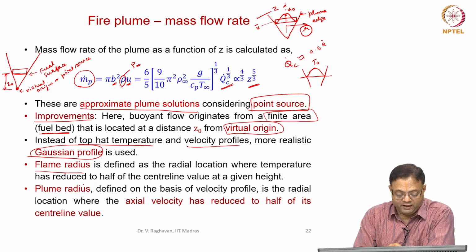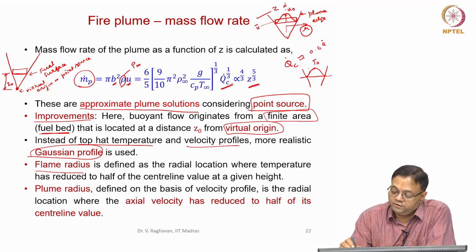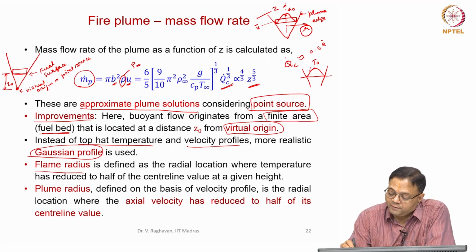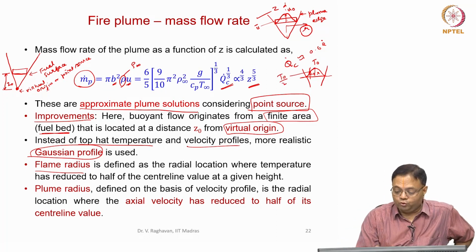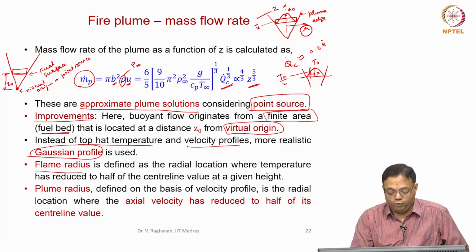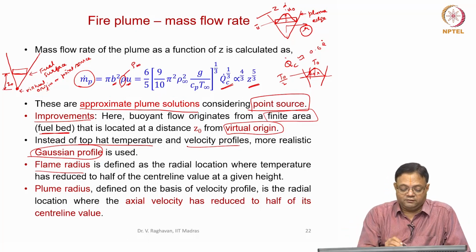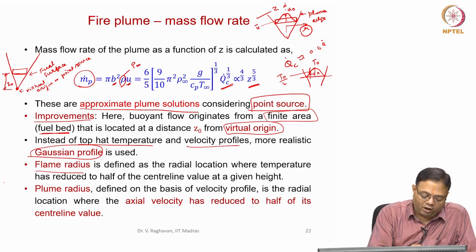So, the flame radius or the plume radius can be considered as some distance here, at which point the temperature will be T naught by 2. That is, the center line temperature has reduced to half of the value at a given radius. That is taken as the flame radius or plume radius.